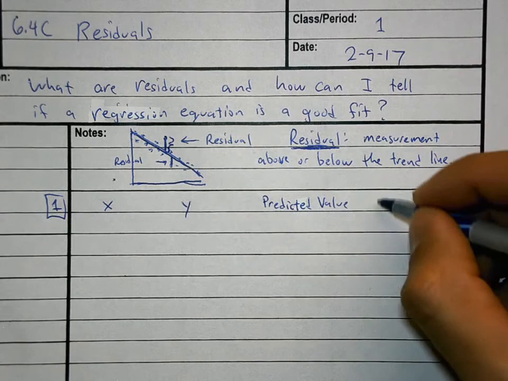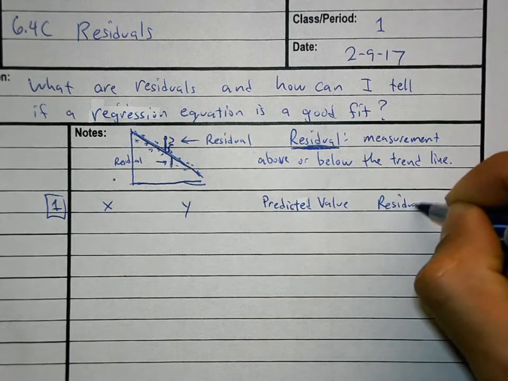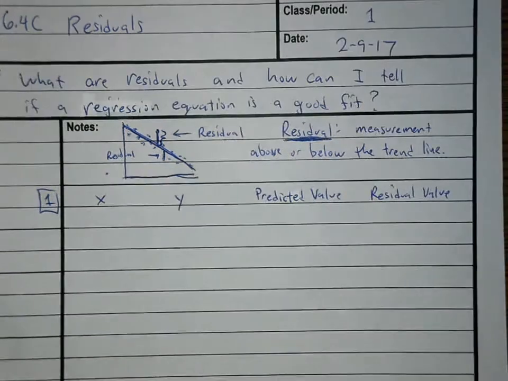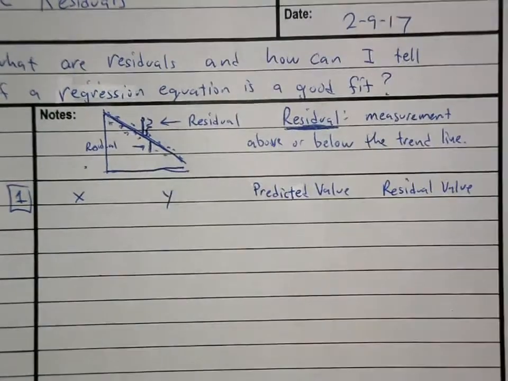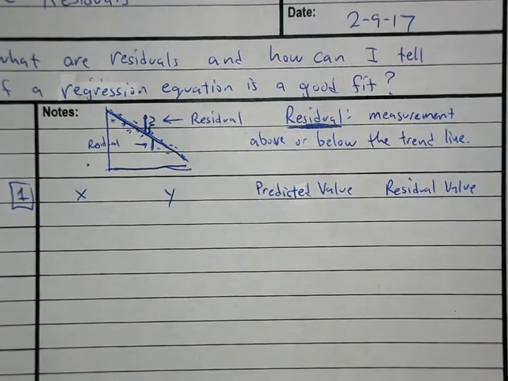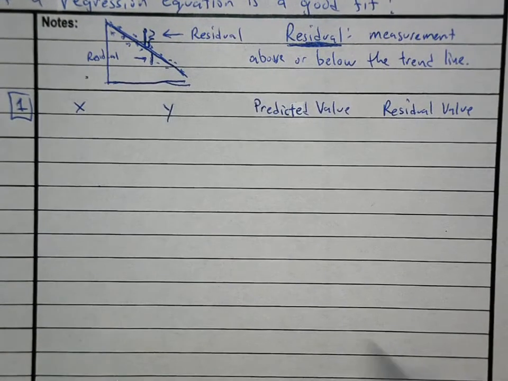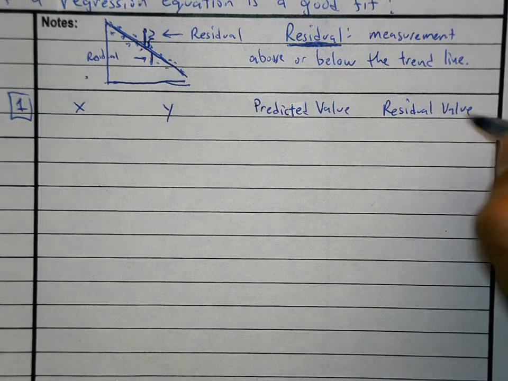And then there's the residual value. I'm going to zoom in just a little bit and move this up a little bit too. So we have a predicted value and a residual value.